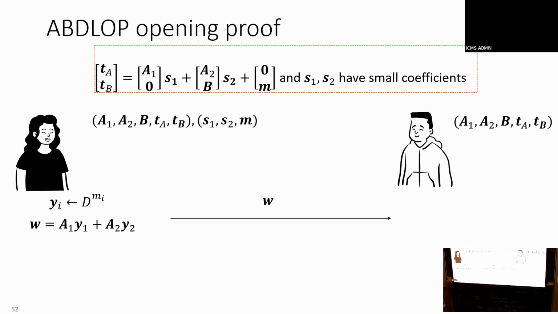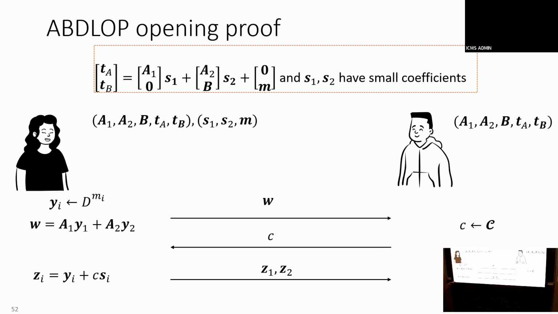So I want to prove that TA is equal to A1 S1 plus A2 S2. I sample the yi's and send W equal to A1 Y1 plus A2 Y2. The verifier picks a challenge C, and I send the masked openings Zi equal to Yi plus C Si.